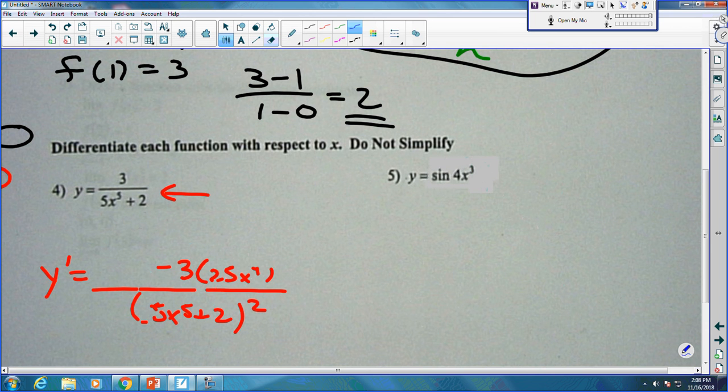So it has to be the chain rule. The derivative of sine stuff is cosine stuff times the derivative of stuff. All right? And that is the first 5 problems today.